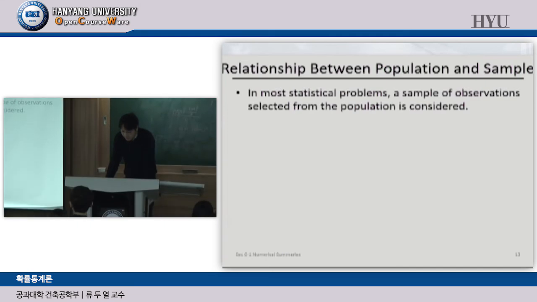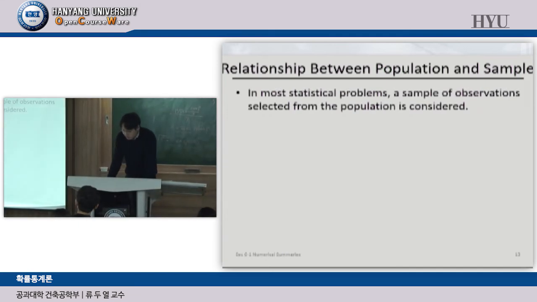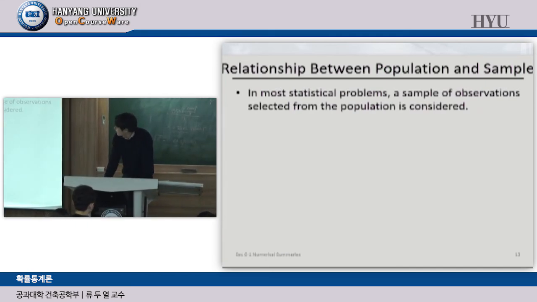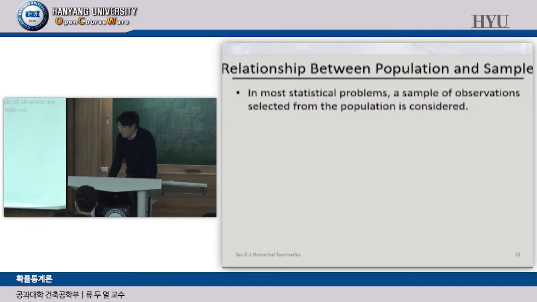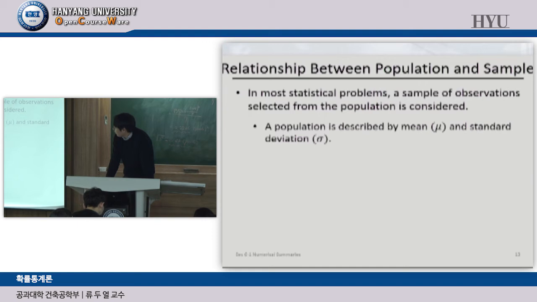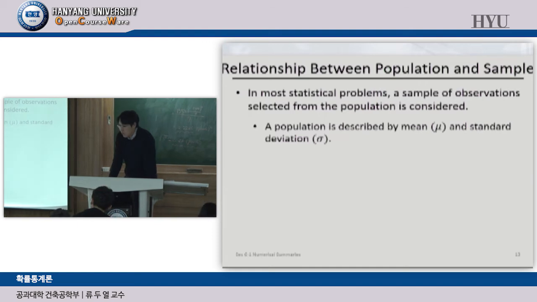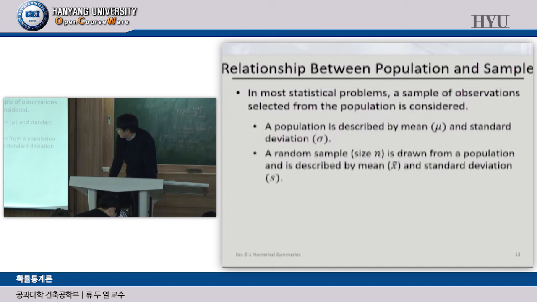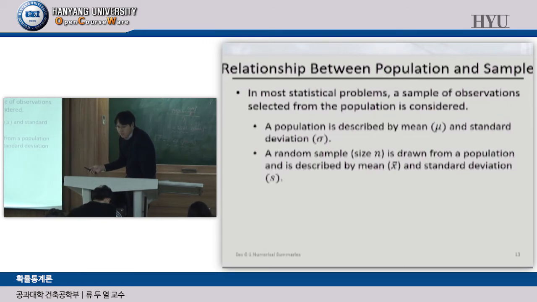In most statistical problems, a sample of observations selected from the population is considered. Okay? And the population is described by the mean mu and standard deviation sigma. And a random sample of size n is drawn from a population, okay? Because the sample is included in the population, and it is described by the mean x bar and the standard deviation s.